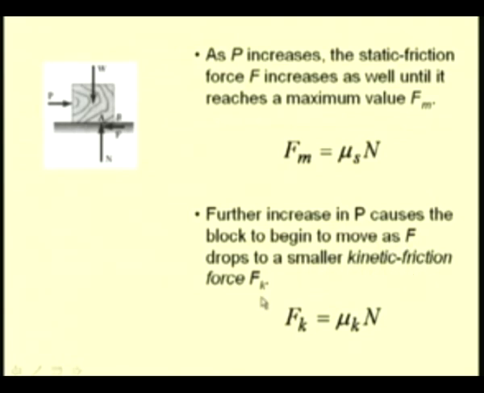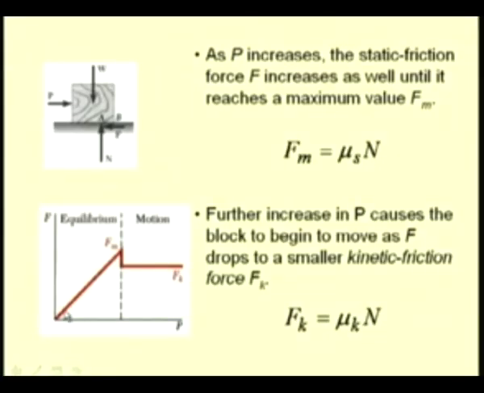Let us designate it as Fk, and it also bears a constant relation with the normal reaction N, and the constant of proportionality is mu k, which is the coefficient of kinetic friction. So, these two coefficients, the coefficient of static friction and the coefficient of kinetic friction, are dependent on the types of surfaces, the roughness of the surfaces that are in contact.